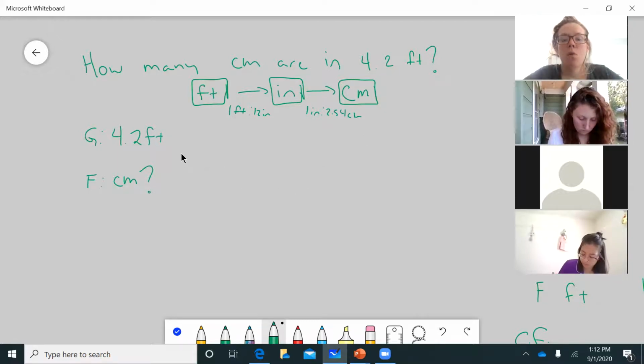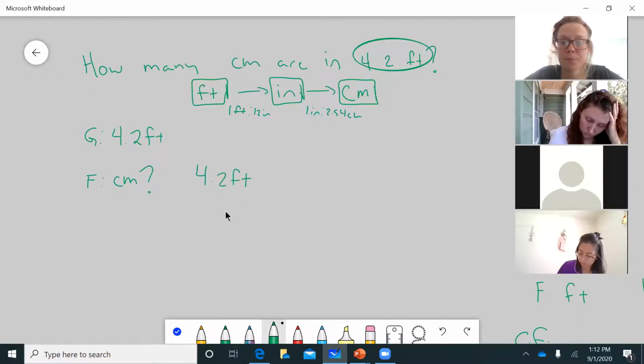With our skeletal flowchart, we always start with our given information, so I'm going to write out 4.2 feet. I'm not even going to worry about centimeters right now. I'm just going to worry about getting from feet into inches.